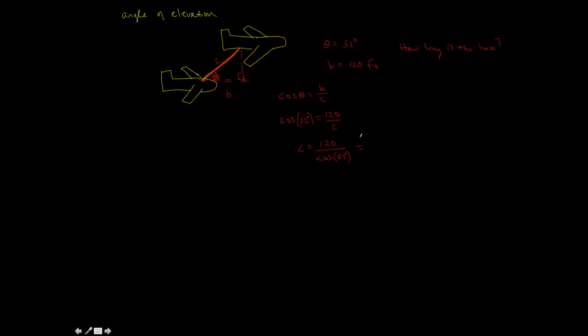I'll probably be straightforward with you on a test and tell you I want it with two significant digits. I'm not going to make you guess, but that's what your book says. So you're going to get 141 point something for this answer. Two significant digits would be 140. So keep that in mind. Be careful with your significant digits.